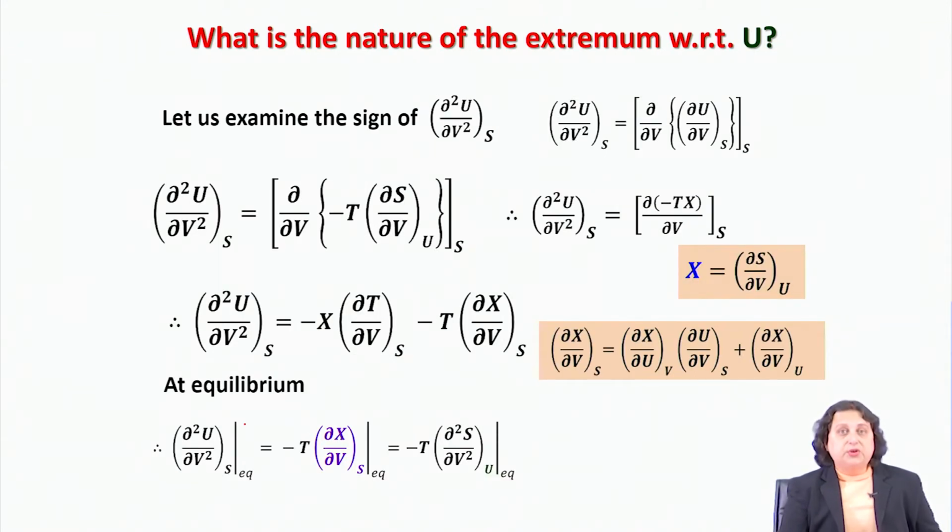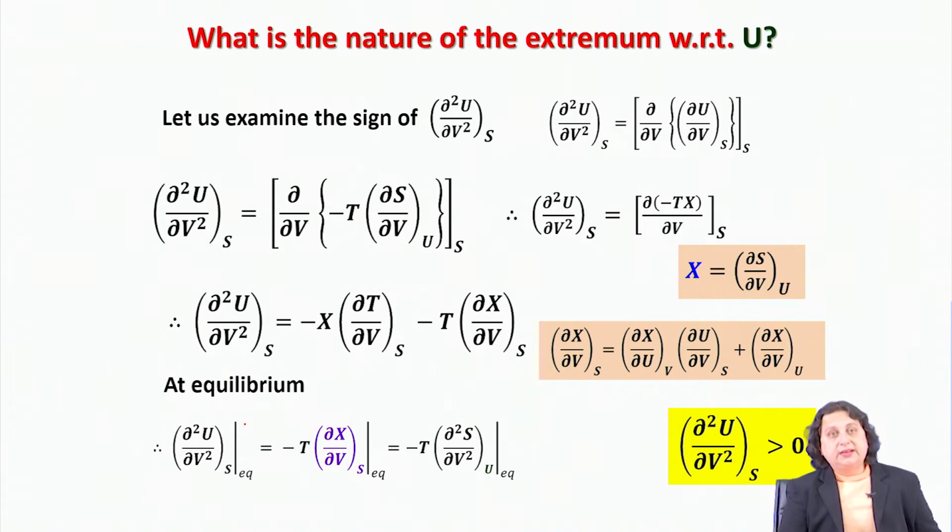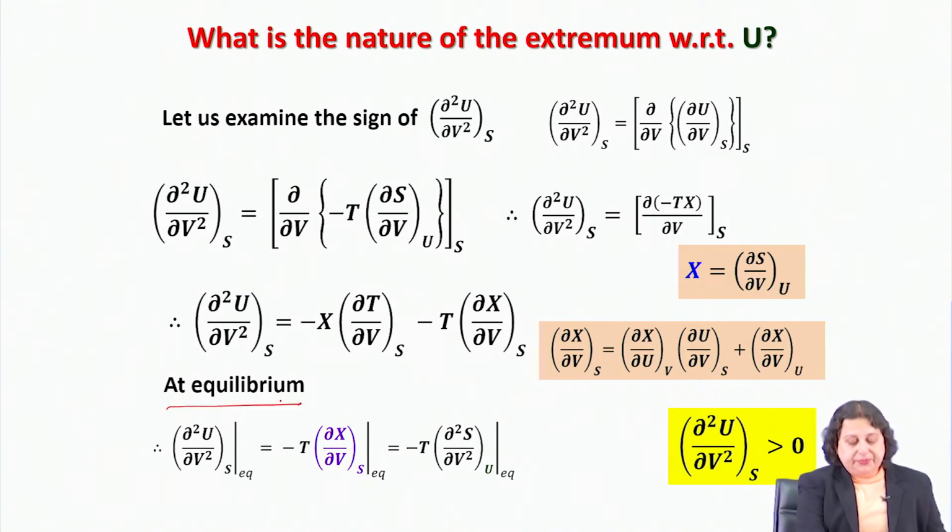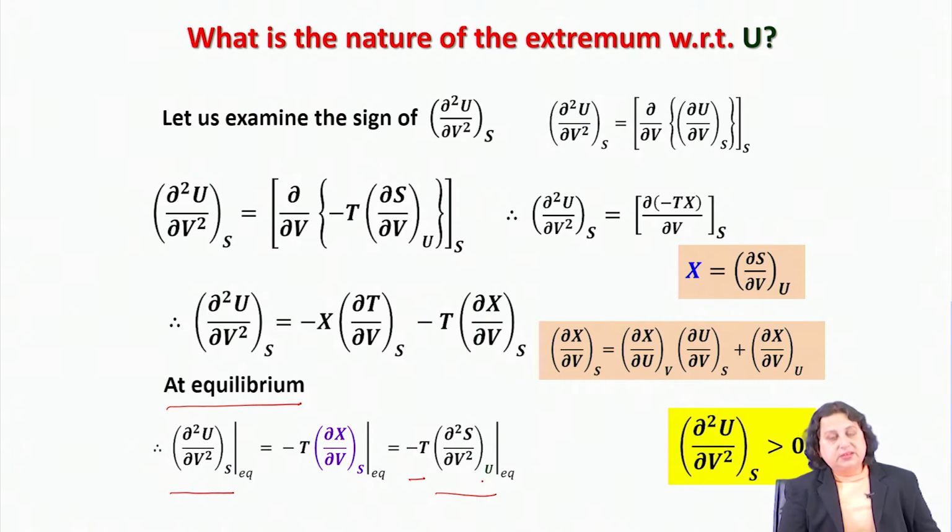Now, with this, you can go ahead, do a little bit of mathematics, and show that under the condition of equilibrium, the second order derivative is given by minus T into del square S del V square over U at equilibrium.